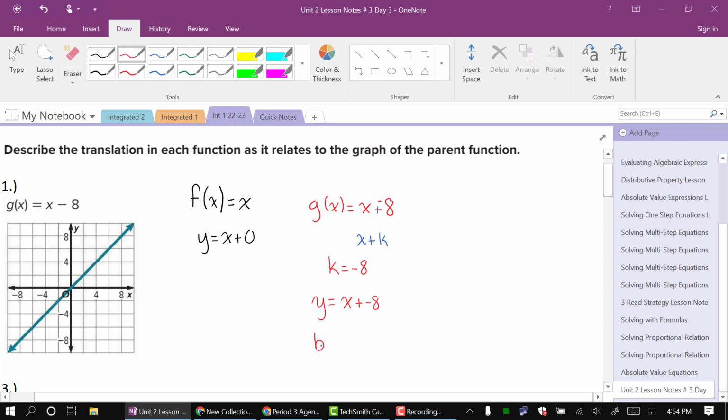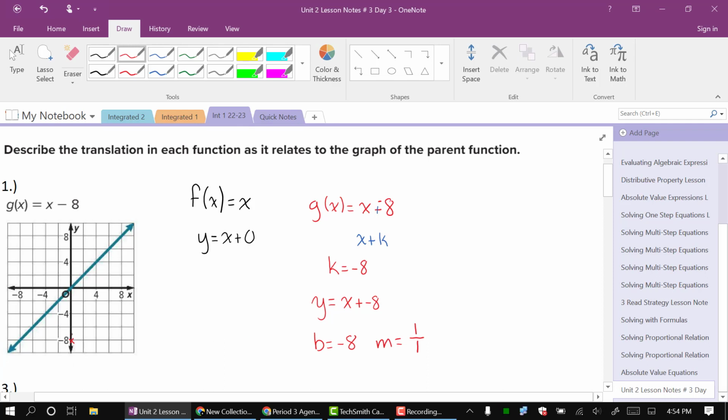My b value in this problem is negative 8, and my m value is going to be my slope, and it's 1, so this is going to be 1 over 1. If I look at my scale, each one of these is worth 2. So I'm going to put a point at 0, negative 8, because that's what my b value is.